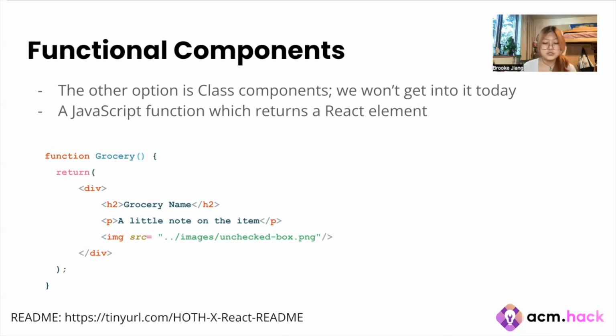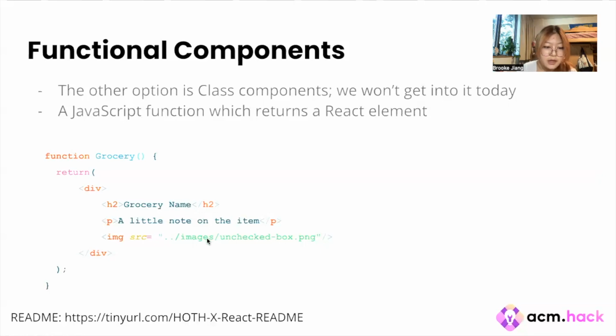For example, to make one of these grocery components that we had earlier, we're going to be reusing these individual components so we can display different groceries with the same formatting. For every one of these, we want to return, enclosed within one div tag, a header tag for the name of the grocery, a P tag for a little note on the item, sometimes you need that, and an image tag.